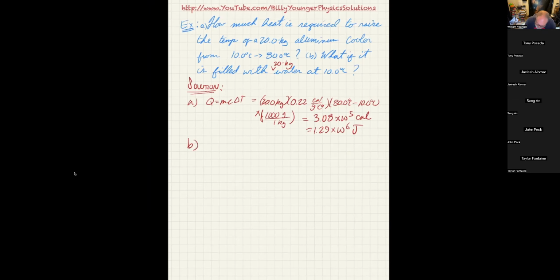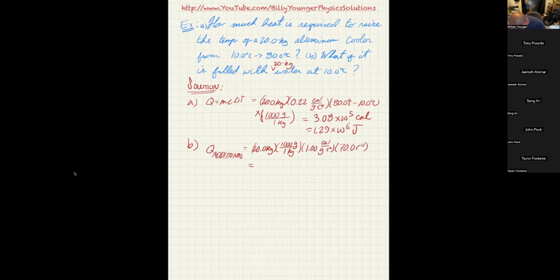And in part B, we still have to apply this much heat just for the cooler anyways, but now we've got to do an additional amount of heat. So Q additional is equal to 20.0 kilograms of water times 1,000 grams per kilogram, times, now water is 1.00 calories per gram Celsius degree, times 70.0 Celsius degrees.